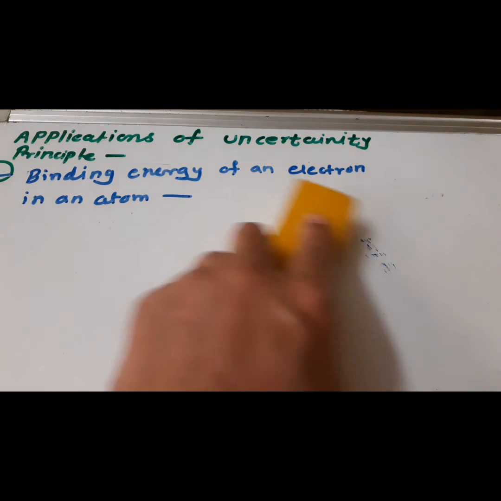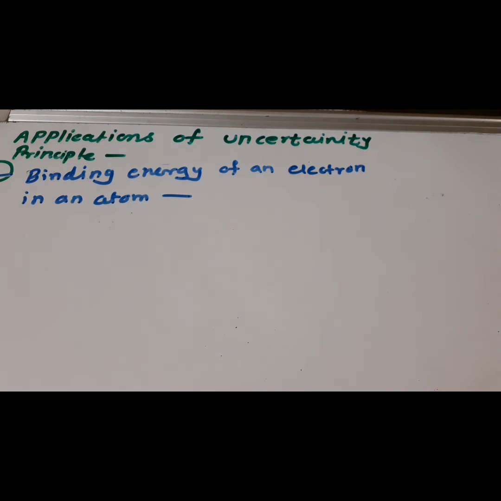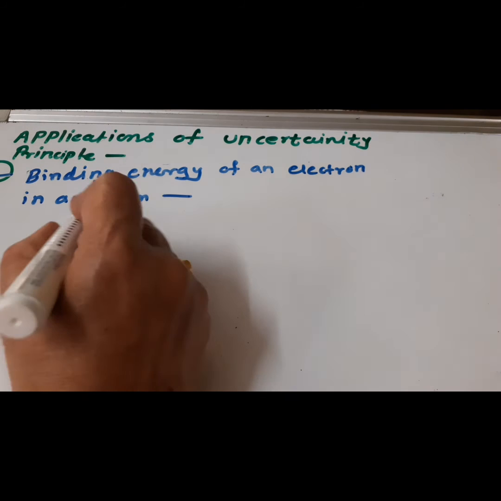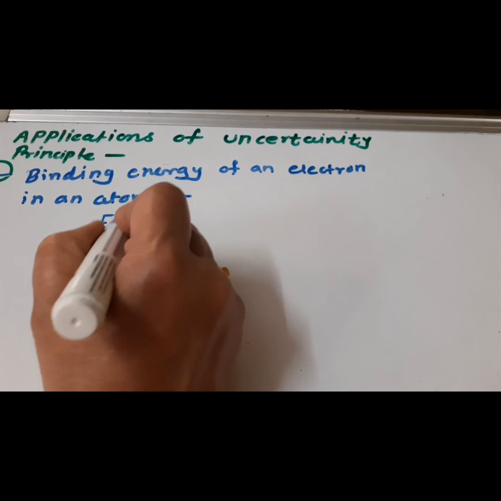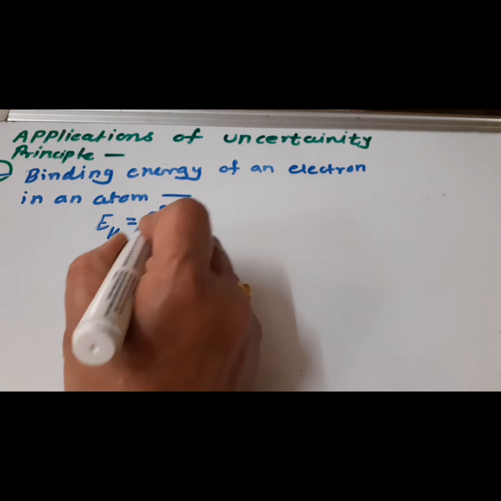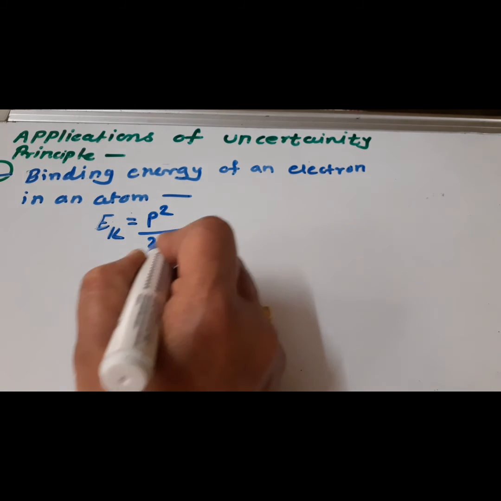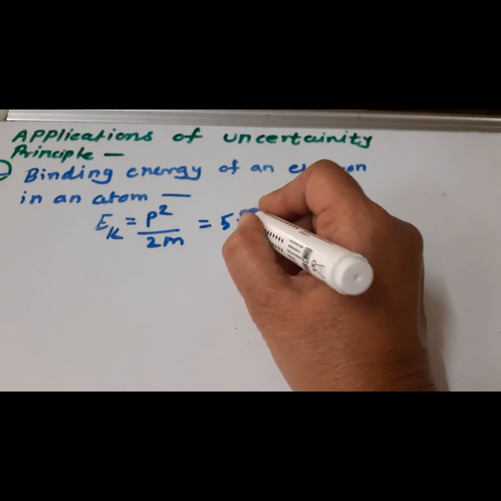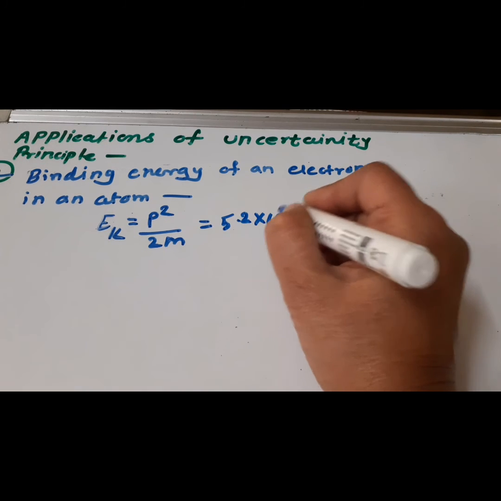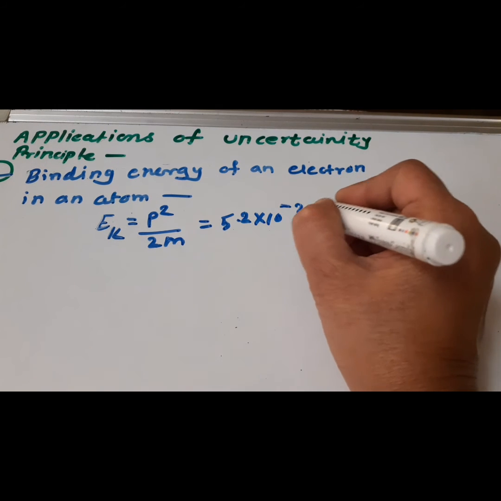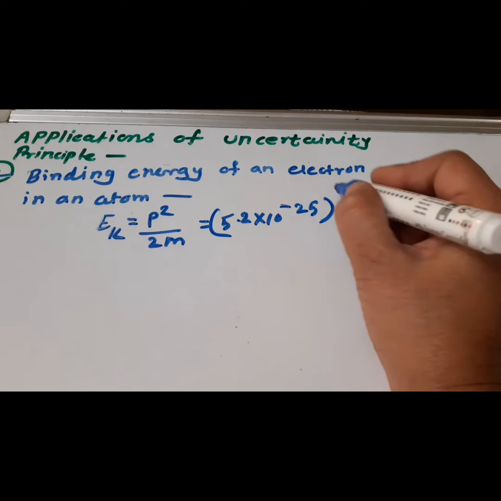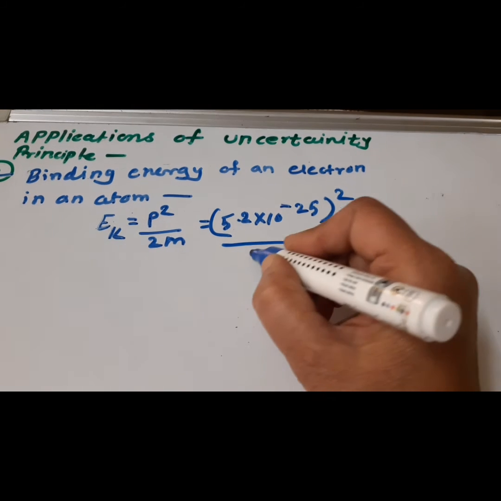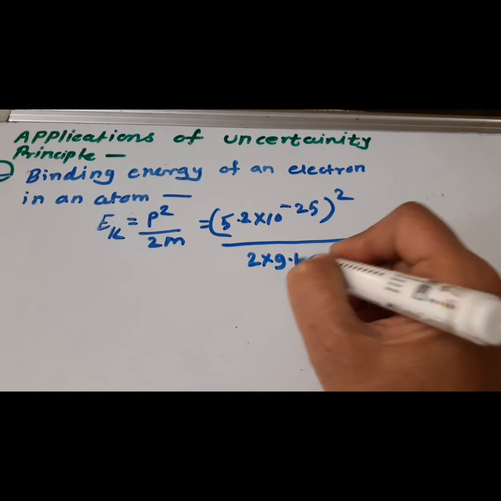Therefore, the general formula is Ek is equal to P square divided by 2m, that is equal to (5.2 into 10 to the power minus 25) square divided by 2 into 9.1 into 10 to the power minus 31.